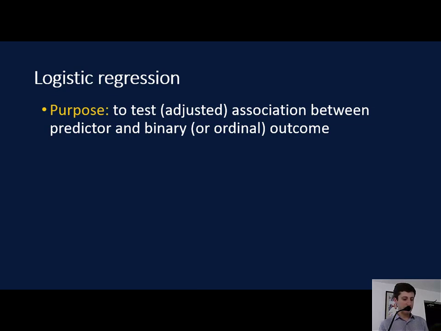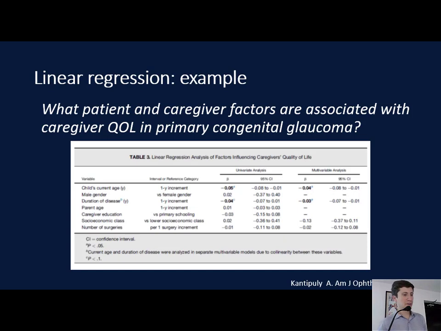Now I put in parentheses here to test the adjusted association, because in logistic or in linear models, when we have multiple variables in the same model, the way we actually interpret the variable, so all of these variables were in the same model, what we do is we say that for each 1-year increase in duration of disease, we see this fall in caregiver quality of life regardless of everything else.